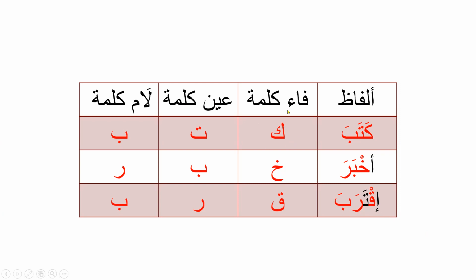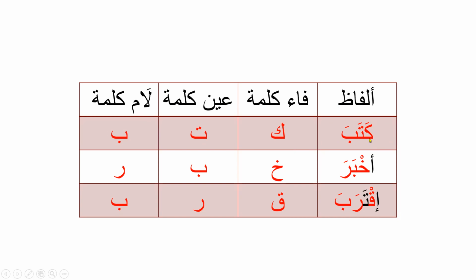We have Fa Kalima Kaf, Ain Kalima Ta, and Lam Kalima Ba. Kataba. So this is a Mujarrad family, Kataba, from Nasara or family 1. You can see here there is no extra letter included in this word. It has only the root letters that are mentioned here.